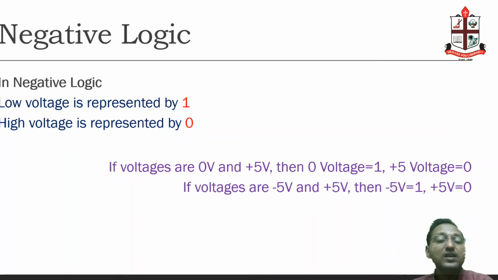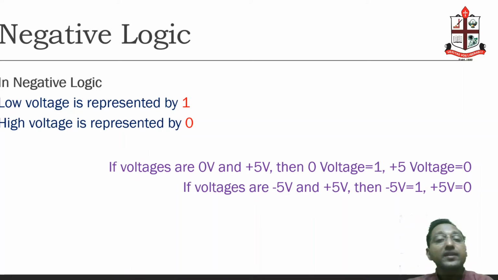So what will 0 voltage represent? Definitely it will be logic bit 1, and plus 5 voltage will represent logic bit 0 because it is negative logic. And if the voltages are minus 5 voltage and plus 5 voltage, of course minus 5 voltage will represent 1 and plus 5 voltage will represent logic bit 0 because it is negative logic.